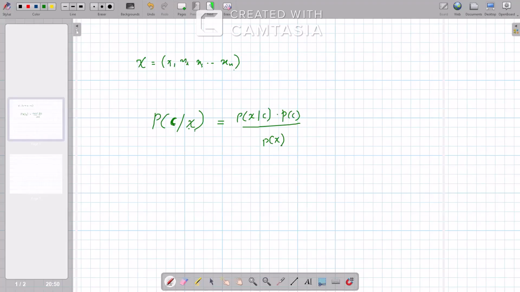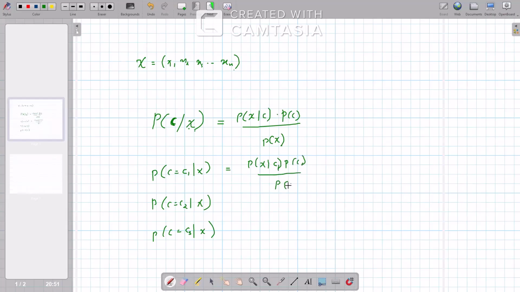So we have to calculate the probability of C being C1 given X, the probability of C2 given X, and the probability of C3 given X. So this is equal to probability of X given C1, probability of C1, divided by probability of X.